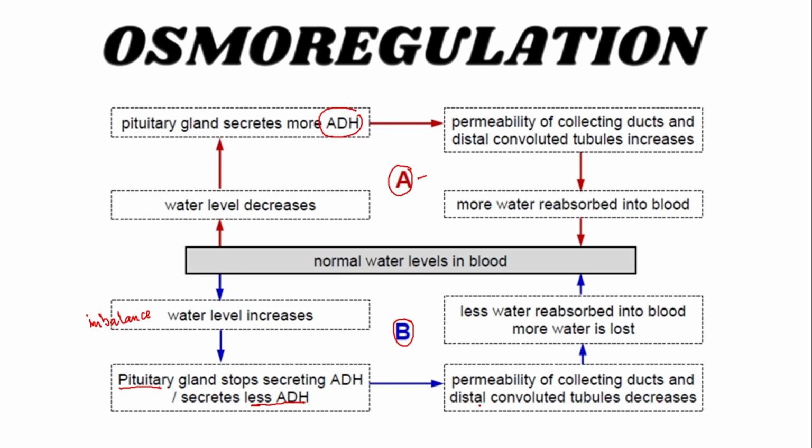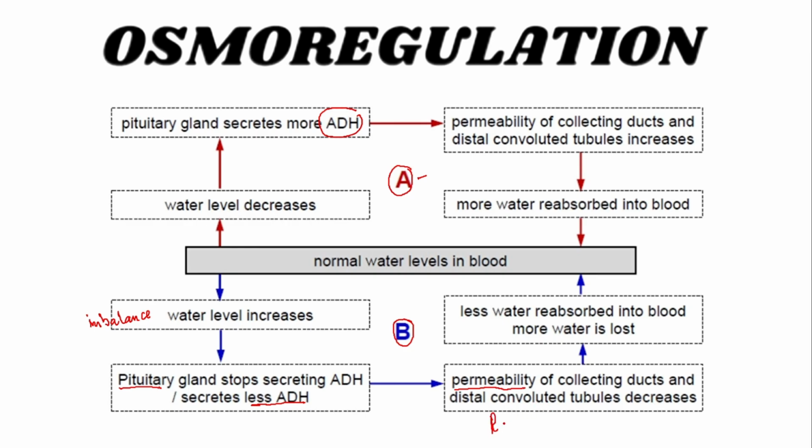will decrease. So what do we mean by permeability? Permeability refers to how any substance can penetrate through fully. It doesn't just allow certain substances, like a semi-permeable membrane. Our collecting ducts branch from our renal tubules within the kidney.